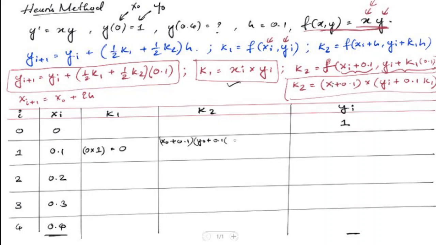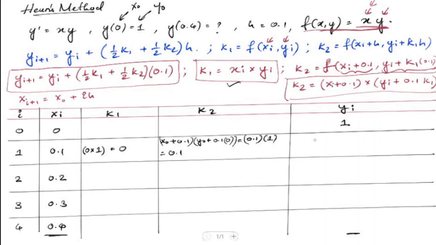So the k1 value is 0, as we can see here. And if we solve this, we'll get x0 is 0, 0 plus 0.1 is 0.1. And then we have y0 is equal to 1, and 1 plus 0.1 times 0 is 0, so 1 plus 0 is 1, and that gives us the value as 0.1 itself.